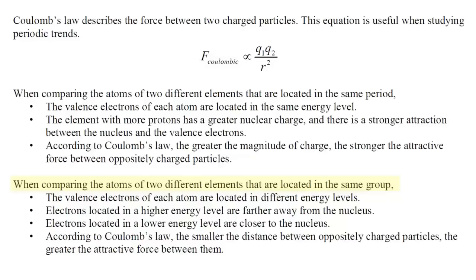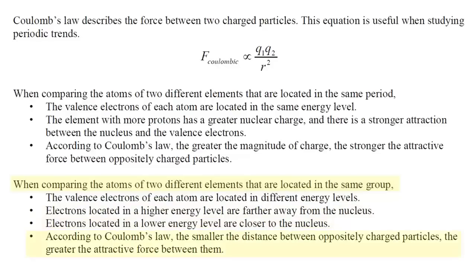So when comparing the atoms of two different elements that are located in the same group, you should mention the specific energy levels for the valence electrons. And electrons that are located in a higher energy level are farther away from the nucleus. Electrons located in a lower energy level are closer to the nucleus. So here comes that part about Coulomb's law.